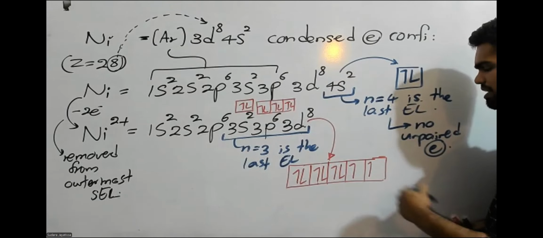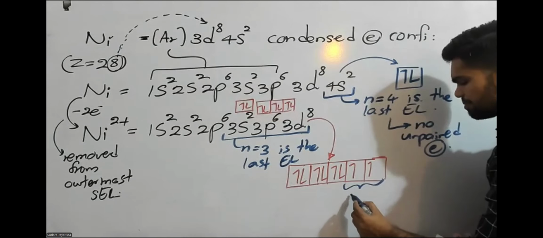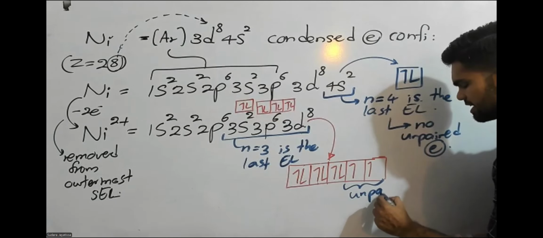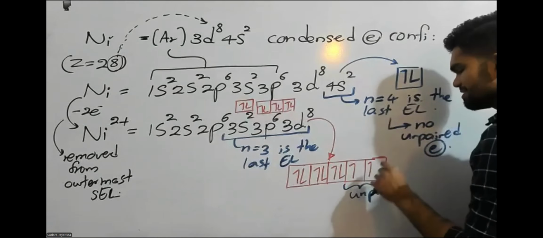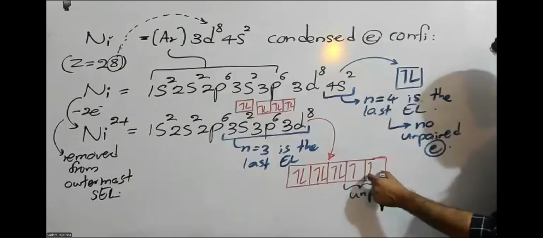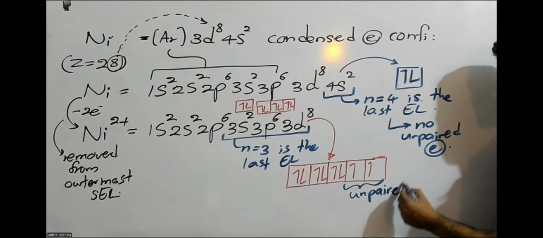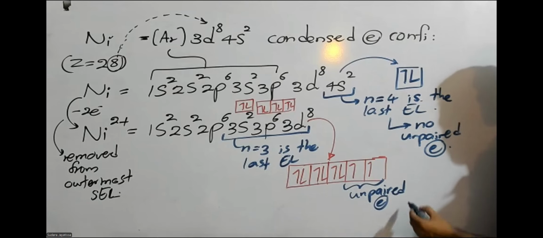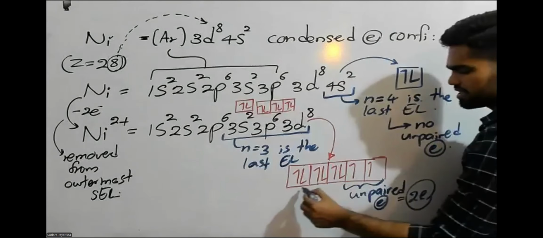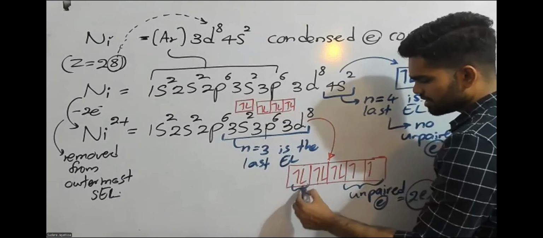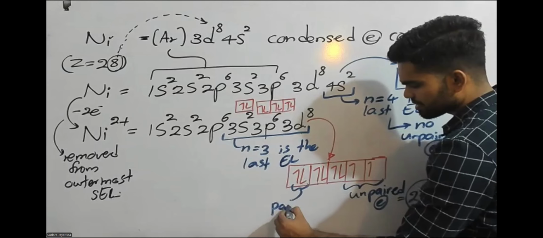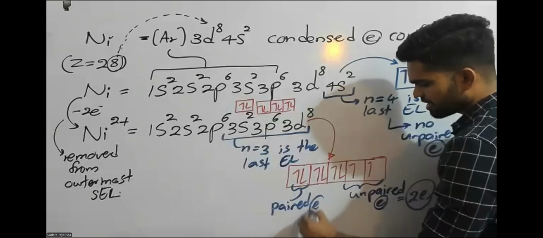And you can see there are 2 unpaired electrons. These electrons that are there with only one presence, only one electron here, are called unpaired electrons. So there are 2 unpaired electrons. And these are called paired electrons. That's the difference.